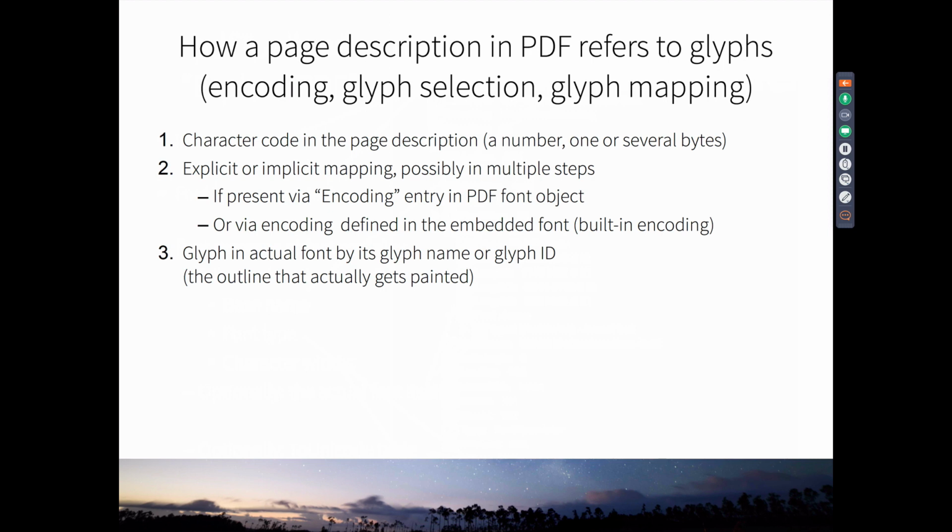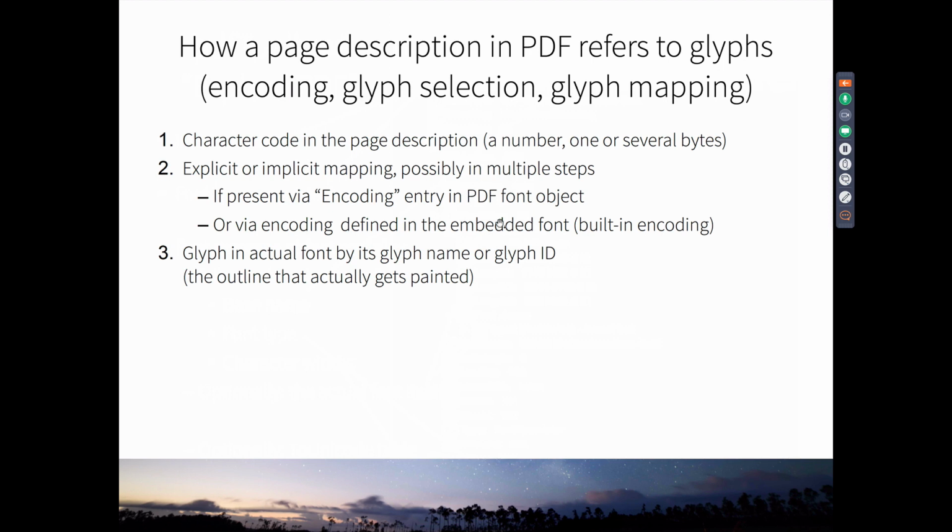And then we could use an encoding entry in the PDF font object, or we use encoding as defined in the embedded font. So basically you could say, if you find in the PDF font object an encoding entry, then you have to look there.